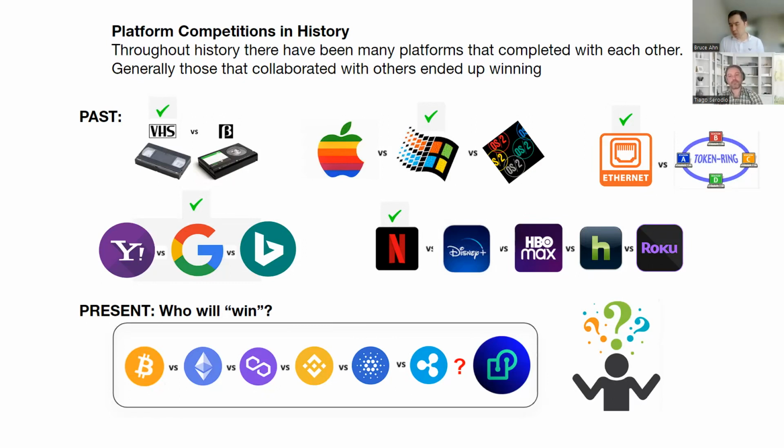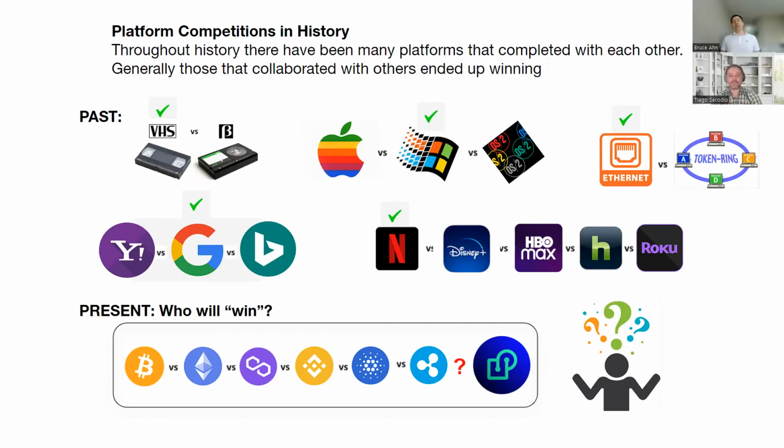While they develop their own products, they also collaborate with a lot of different production companies to onboard their films or TV shows into their platform. Disney's not like that. HBO Max is not like that. So you can see that throughout history, usually it is the collaborators and not the competitors that end up winning the platform battle.